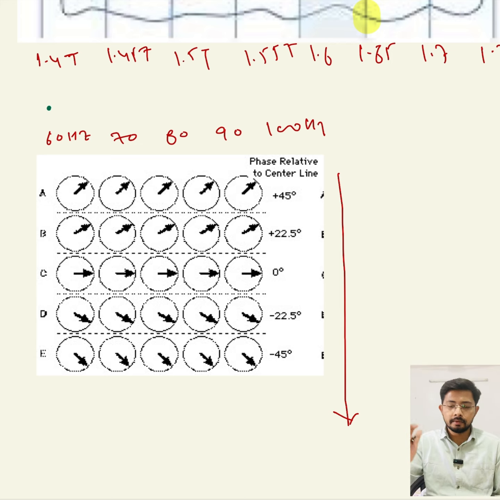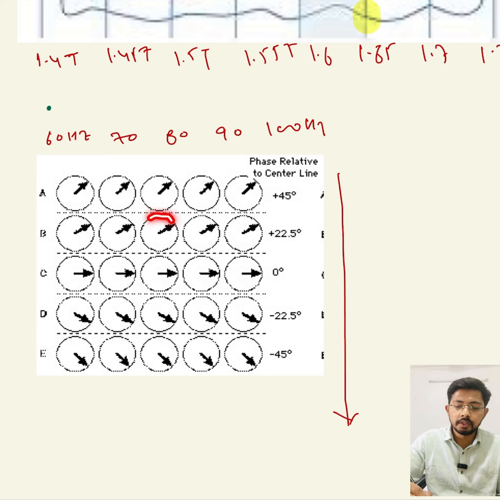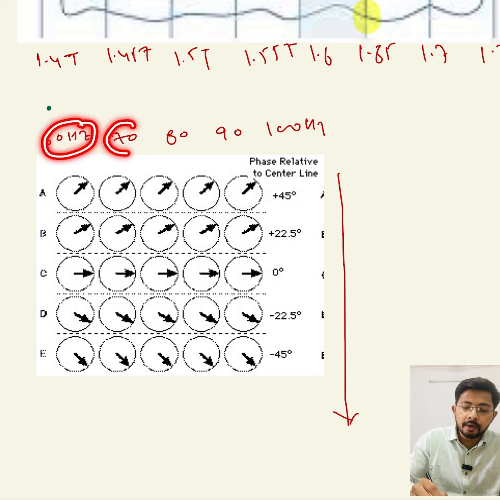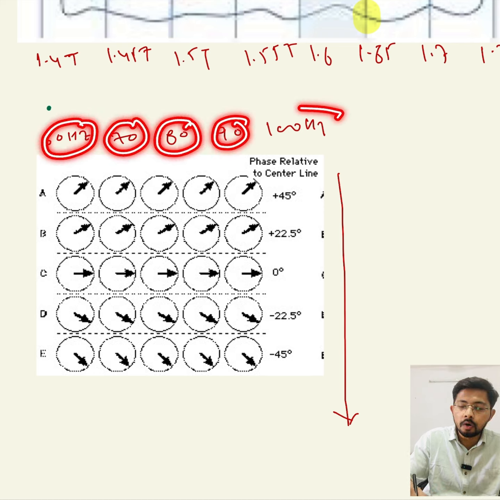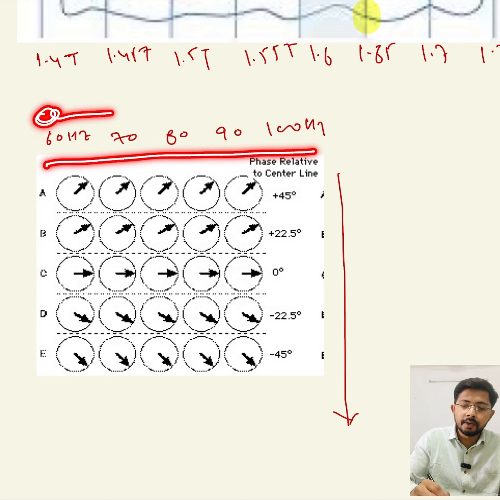This is very simple. Imagine that we want to focus on this particular part of the body, and we have to reach it with the help of two more gradients. First is frequency. In this gradient, we increase the frequency across this particular slice from right to left.